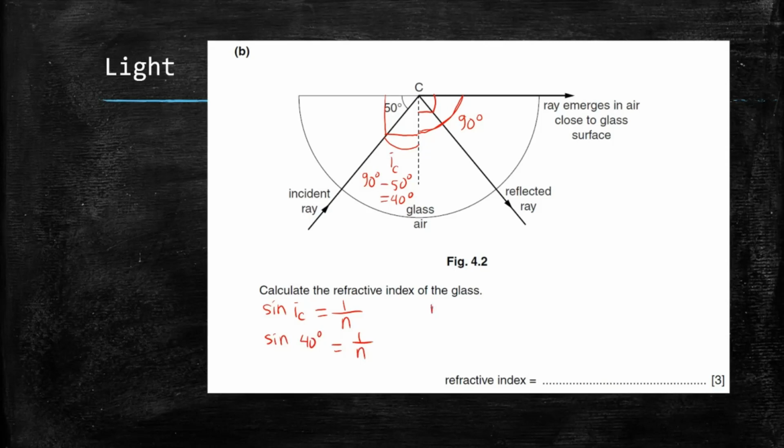This gives us n equals 1 over sine of 40 degrees, which equals 1.56, rounded off. So, the refractive index of the glass equals 1.56. Refractive index has no unit, so you don't have to write anything behind the value.